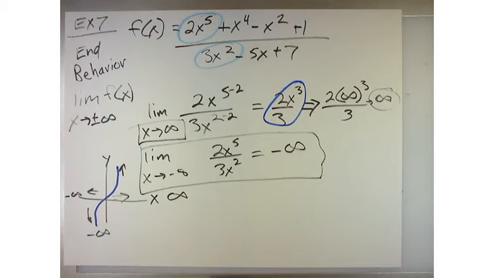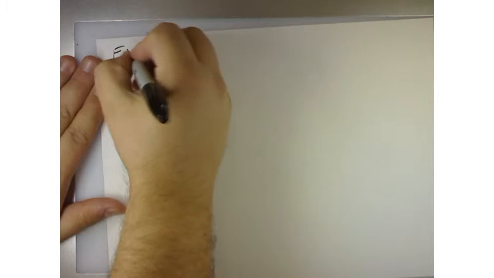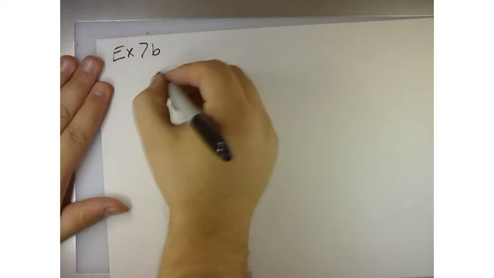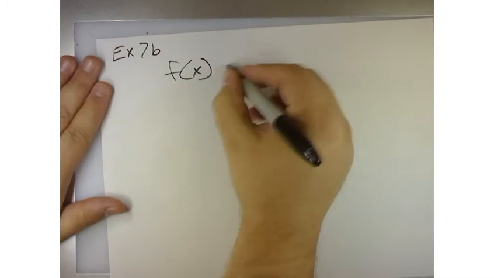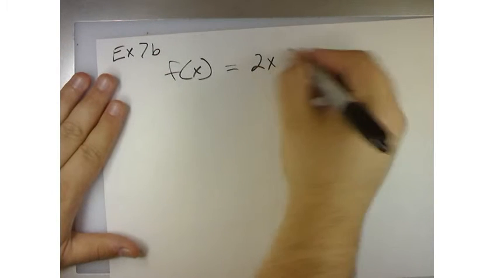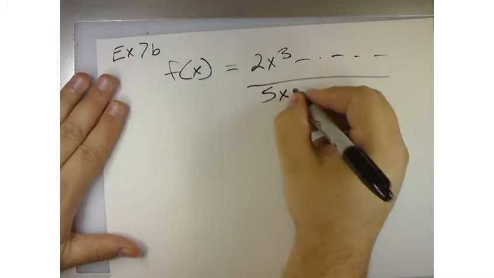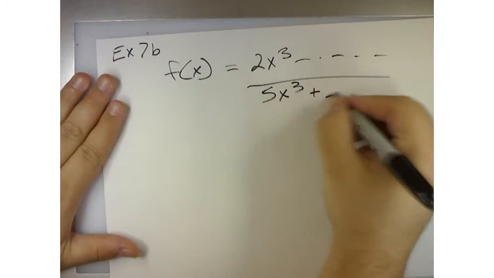What if they're the same? What would happen? So let me give you another example. This is not in the textbook, so I really want you guys to write this down, example 7b. What if I had f of x equal to 2x cubed all over 5x cubed?